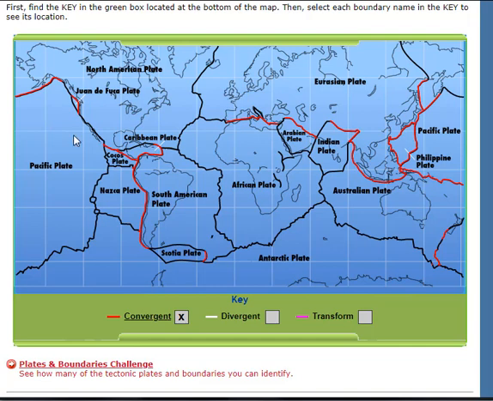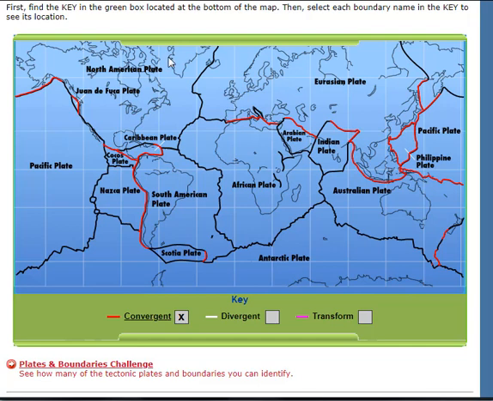I will take any of those three, because we are on the North American plate. We are moving into the Juan de Fuca plate, which is affecting Northern California, and we're also moving past or into the Pacific plate, depending on where we're looking.